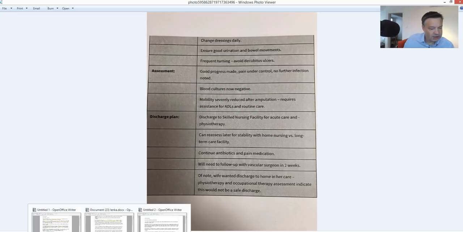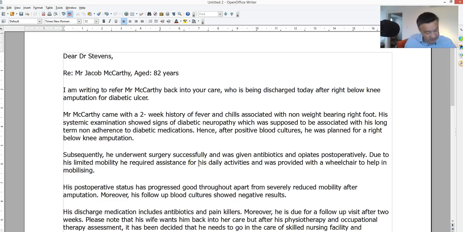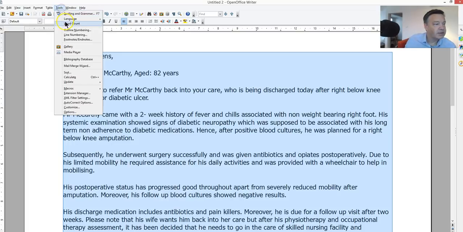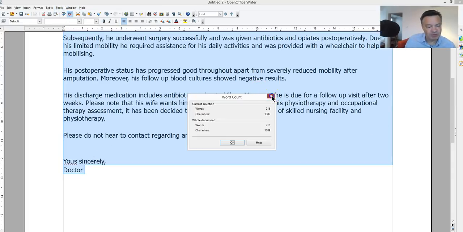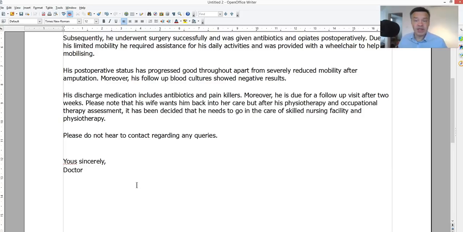So let's have a look, see what we've got here. So first things first, as always, 216, that's pretty good. What you can do if you're concerned about your word count, and this is advice I'm sure you will have seen before: when you are practicing your writing on lined paper, you know how many words you usually write on a line.